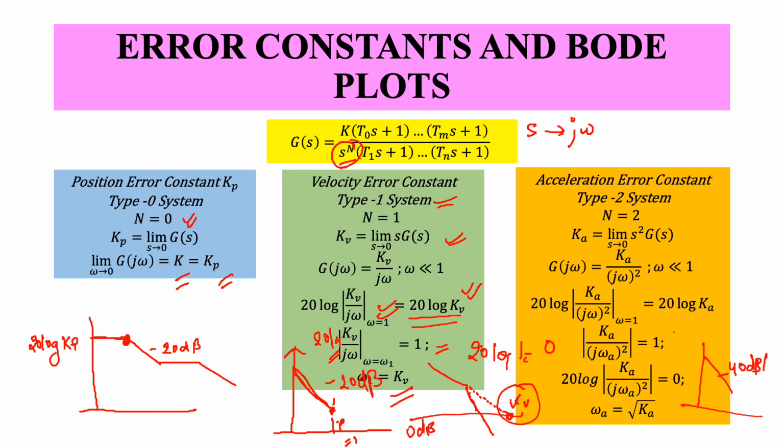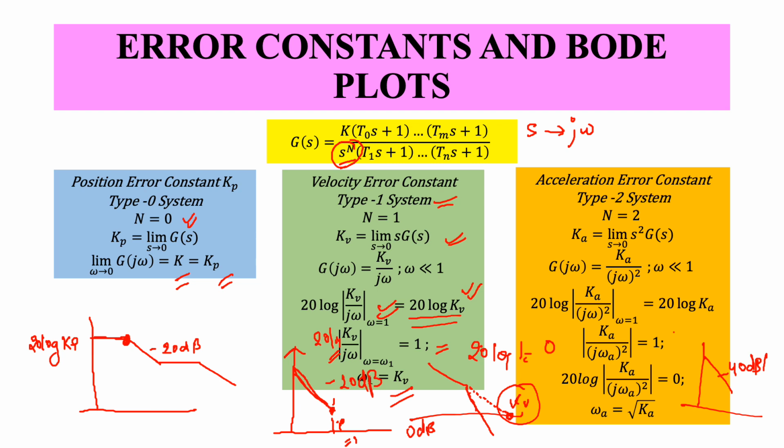So what happened for lower frequency? I'm now looking at G(j omega) as Ka, where Ka is the limit as s approaches 0 of s squared G(s). Similarly for G(j omega). So this is my G(j omega) when omega is less than 1. At lower frequency, the plot will have minus 40 again.